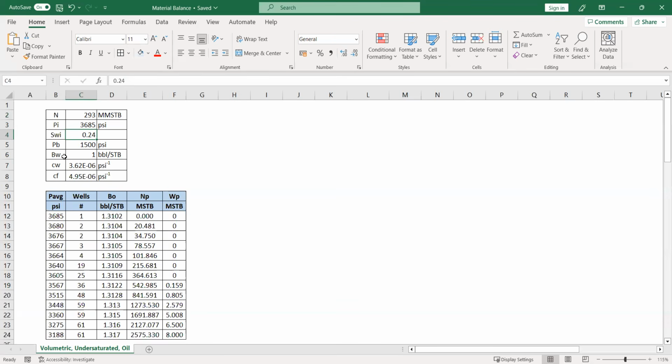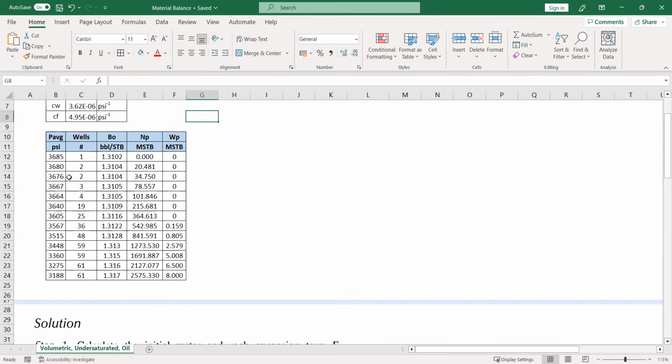Based on laboratory measurement, the water formation volume factor is 1, and we know the water compressibility and also the rock compressibility, Cf. Then we also compile the production data and the pressure data. We know the average pressure, the number of wells, the well stock, and the oil formation volume factor as a function of pressure.